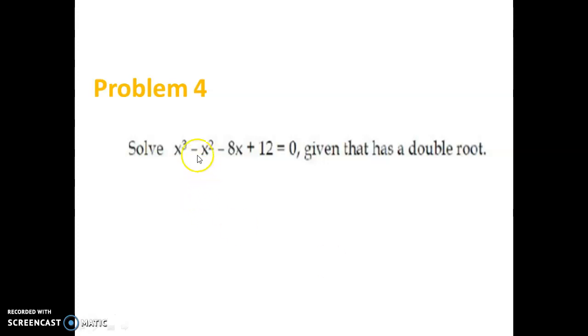Here the question is, solve x cube minus x square minus 8x plus 12 equal to 0, a third degree equation, and one thing is given: this equation has a double root. That is the only concept given. From that we have to solve this equation.